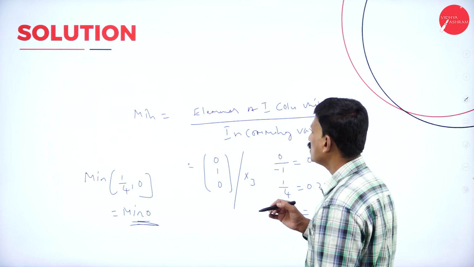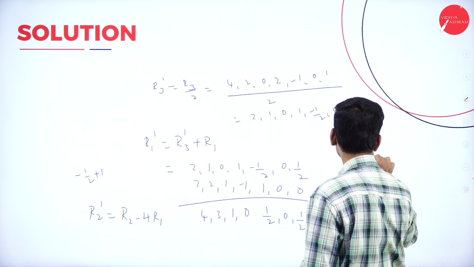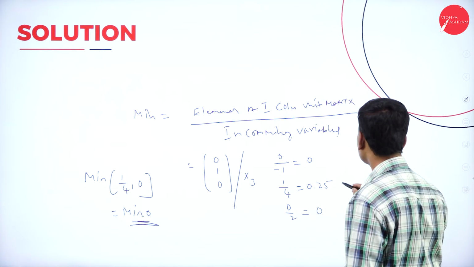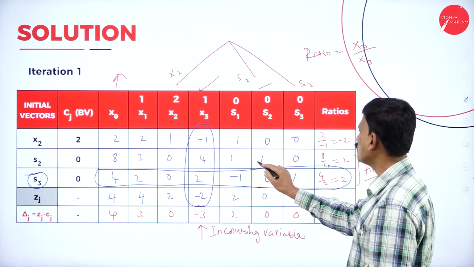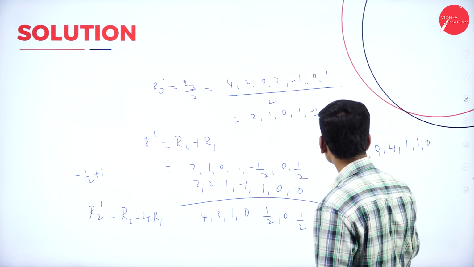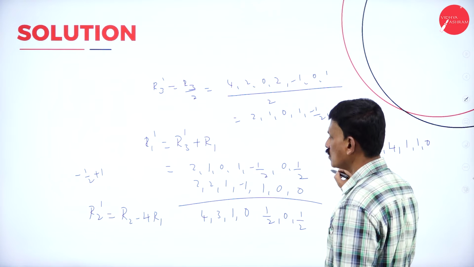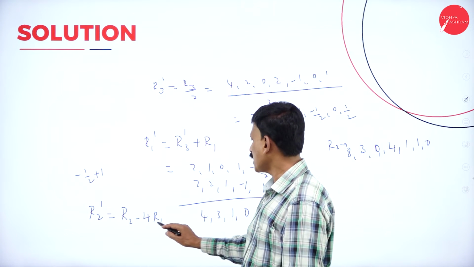R2 we have here 8 3 0 4, 0 4 1, and these are the elements of R2 minus 4 times R1.